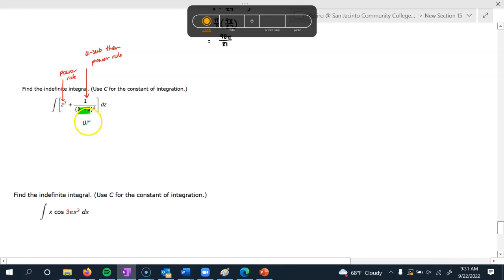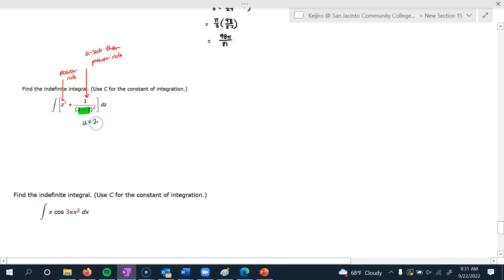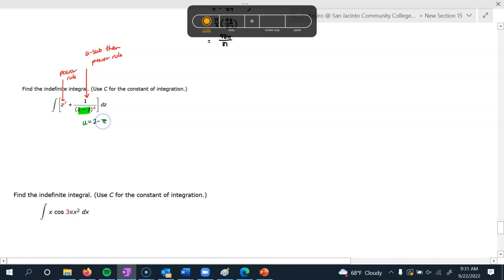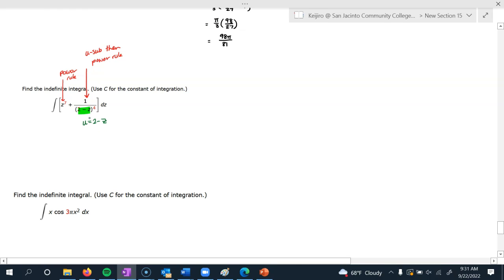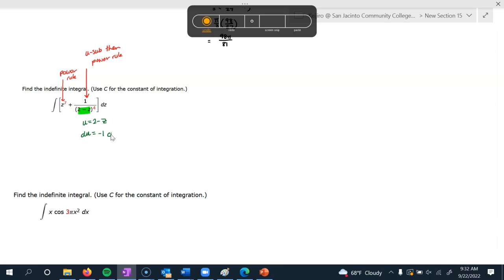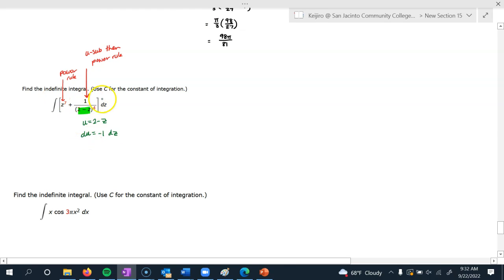and that's how u substitutions go. Whatever is the innermost function you can find, that's probably your u. So, for example, u is not 2 minus z all to the 4th power. The u is just the 2 minus z that's in there, being raised to the 4th power on the bottom. So if u is 2 minus z, du is -1 dz, or just negative dz, whichever way you want to say it.